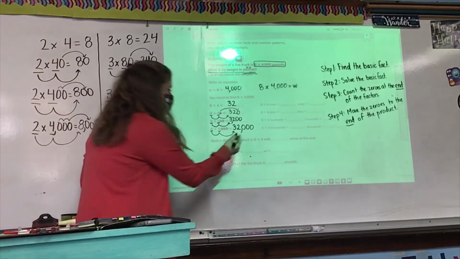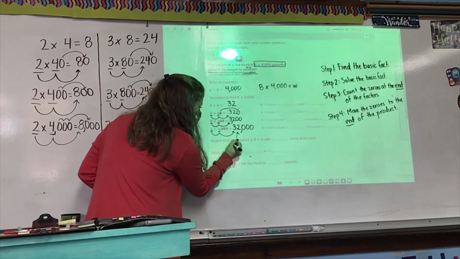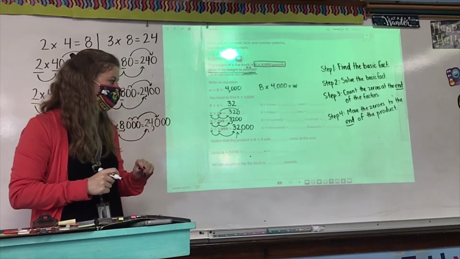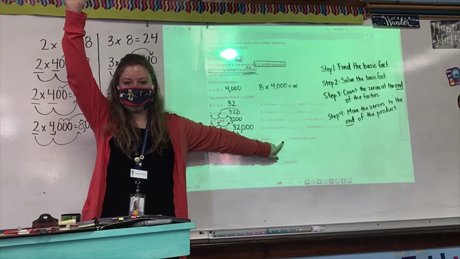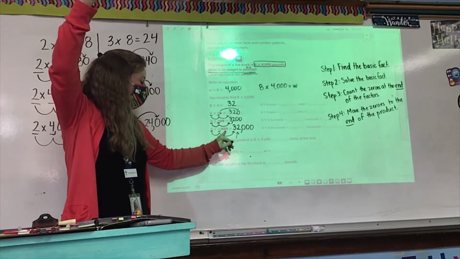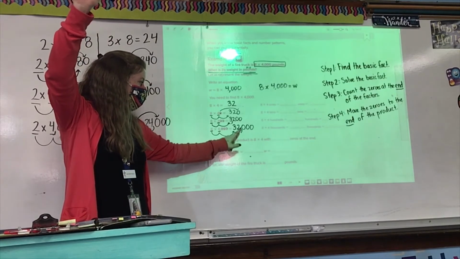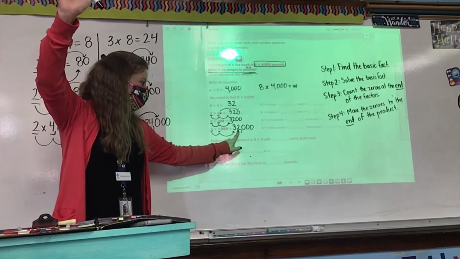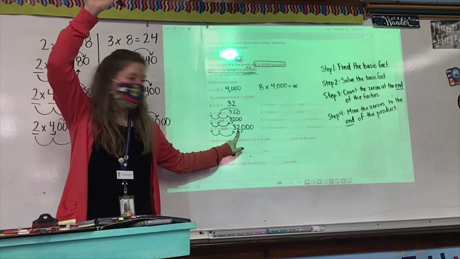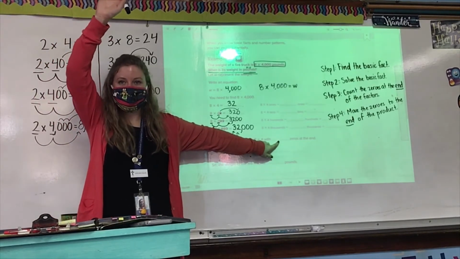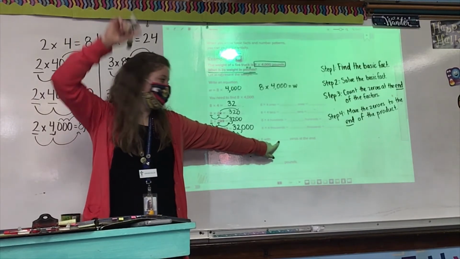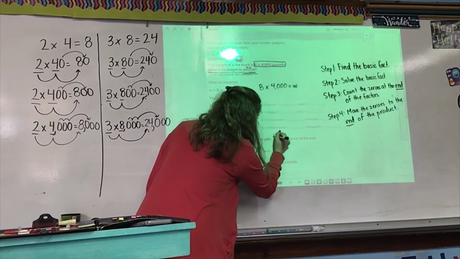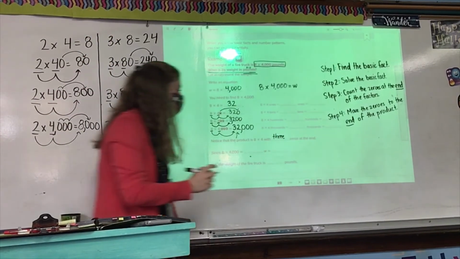Now let's look at this sentence. Notice that this product right here, go ahead and draw that arrow to show that you're talking about this product, is 8 times 4 with blank zeros at the end. 8 times 4,000 is the product of 8 times 4, 32, with how many zeros at the end? Smith? 3 zeros at the end.